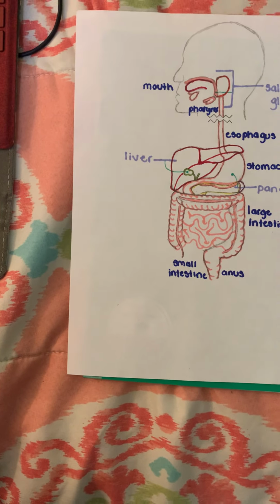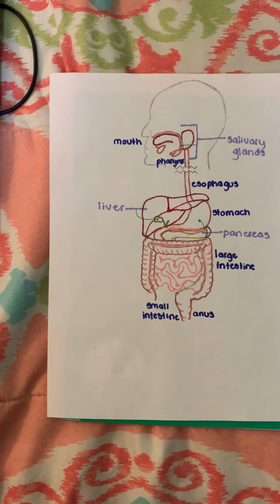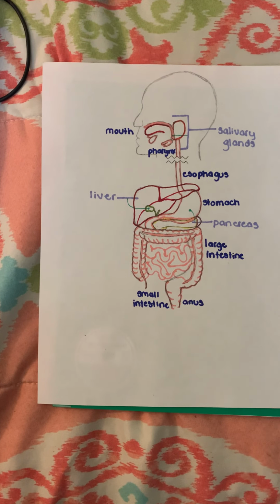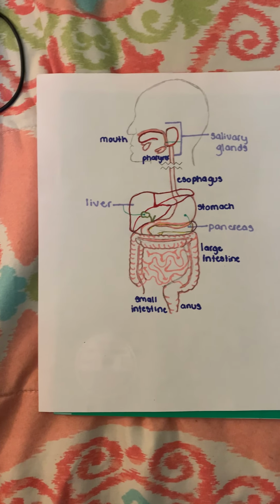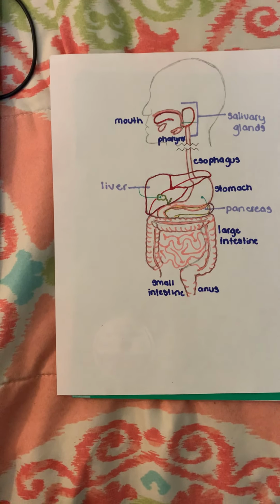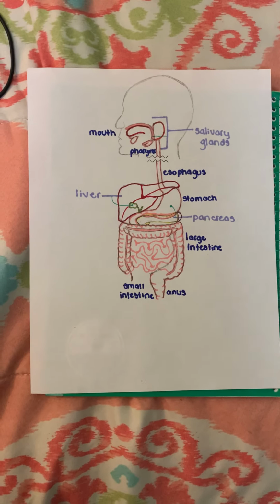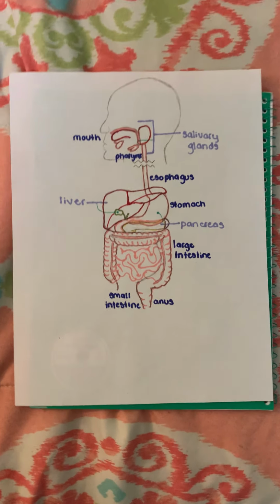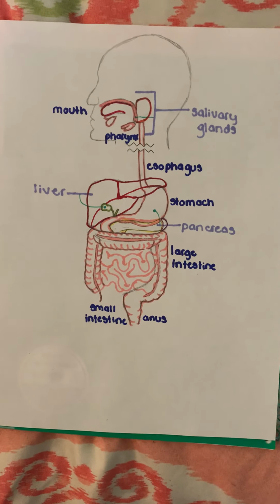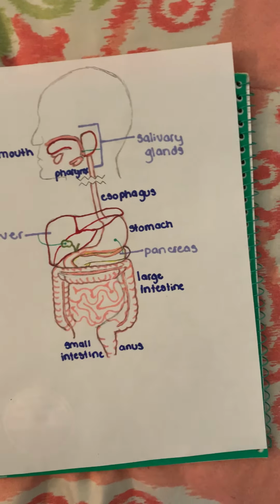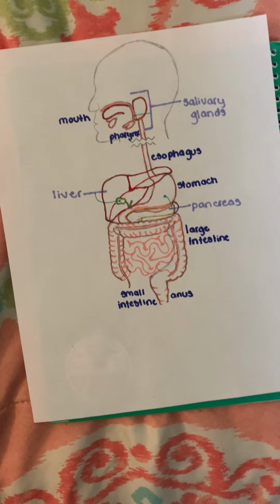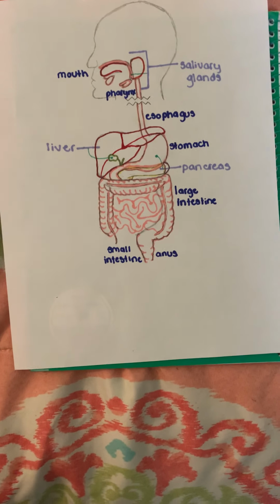So bile is important because it's an emulsifier, so it breaks down fats into particles so that they can be more easily digested. And then the liver also provides nutrient-rich blood for the other organs of the digestive tract.